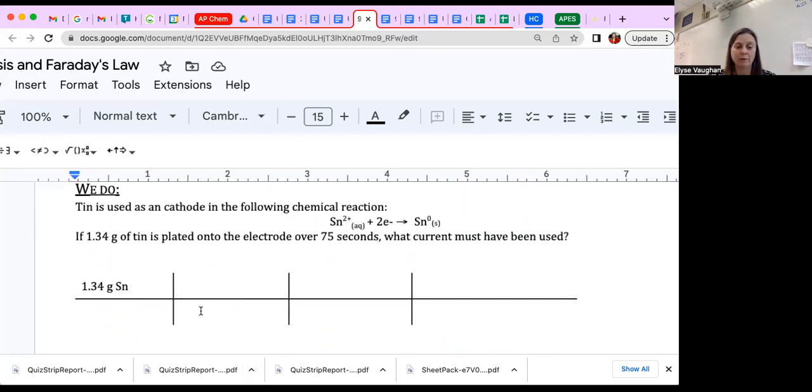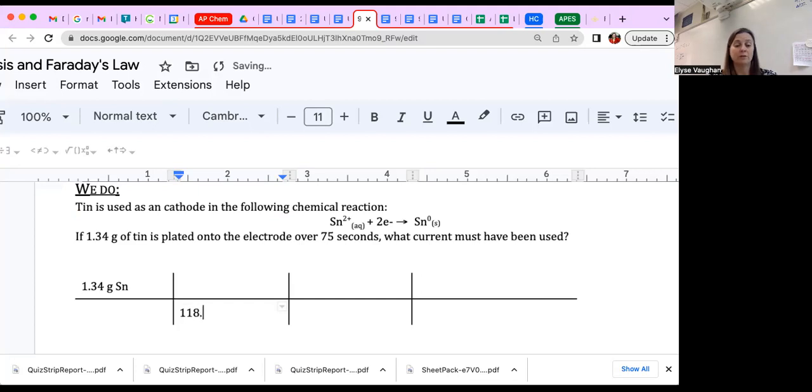So I'm going to take my 1.34 grams of tin and I am going to convert that into moles of electrons and from moles of electrons to coulombs. So first thing is to convert from grams of tin to moles of tin. And from moles of tin, because I can see that I'm transferring 2 moles of electrons, I know that 1 mole of tin is 2 moles of electrons.